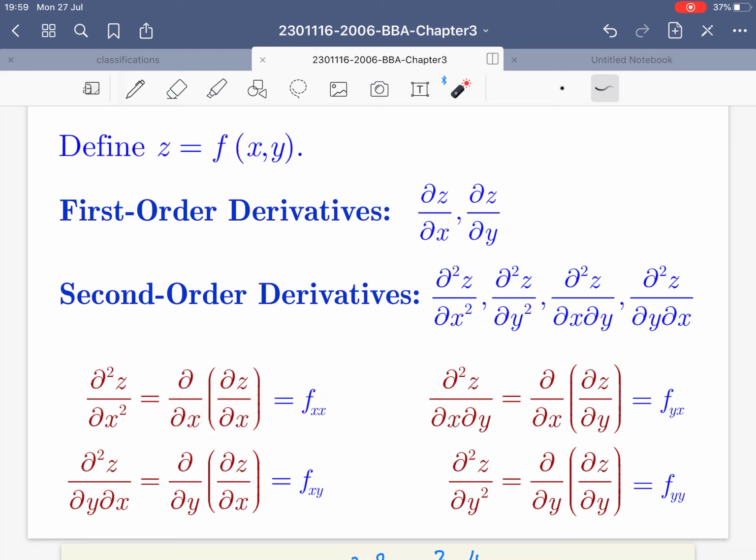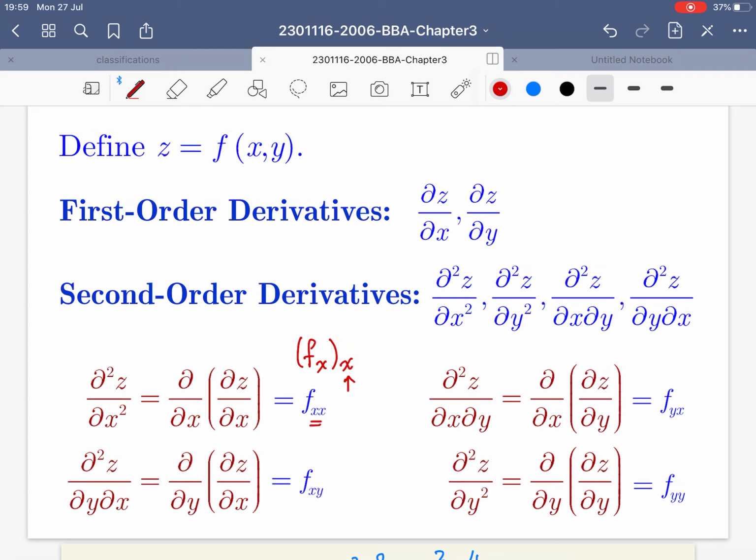This one is not that confusing, because if you talk about the notation using the subscript, you are going to put a subscript at the end, behind your function. So it means that you got f sub xx.